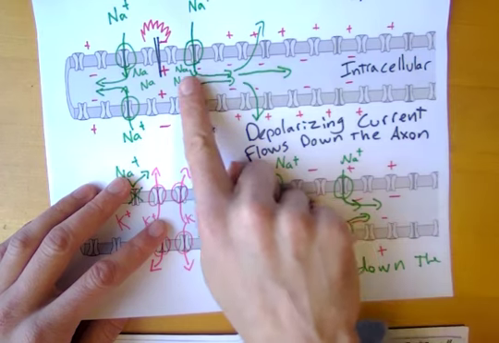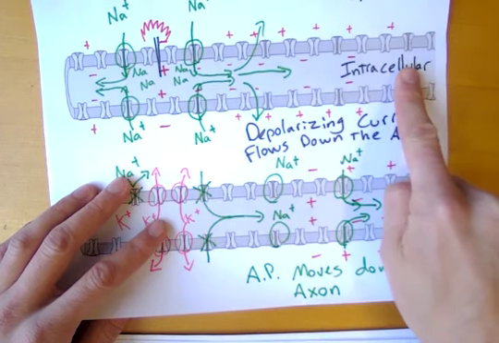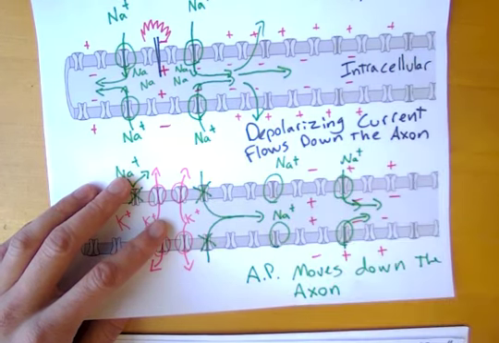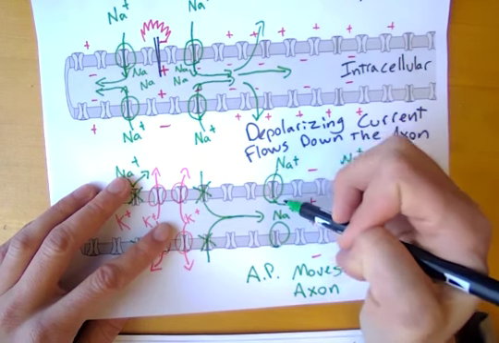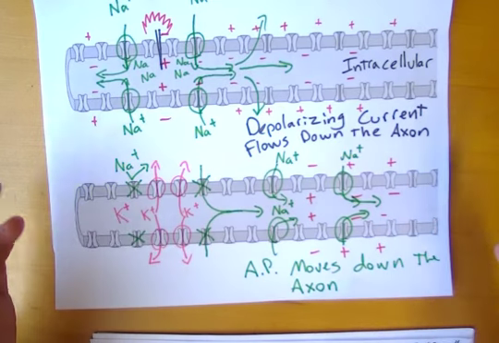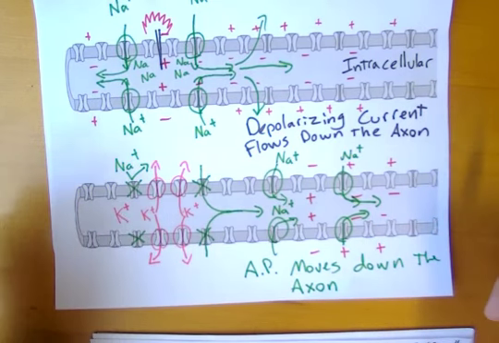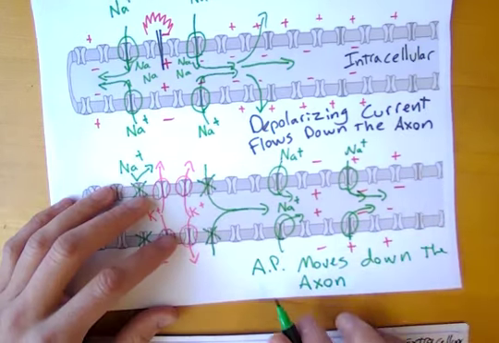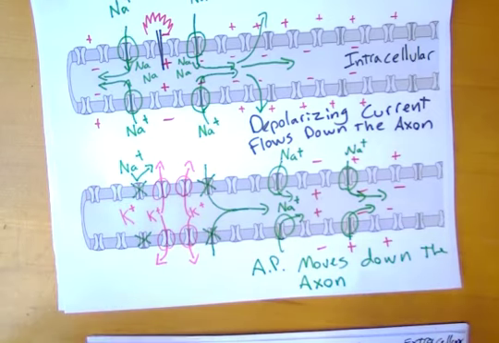It needs these frequent pit stops along the way to bring in more sodium ions to help keep the current strong. So it's no longer a passive current. It's not a passive potential. It is our active current, our active potential.